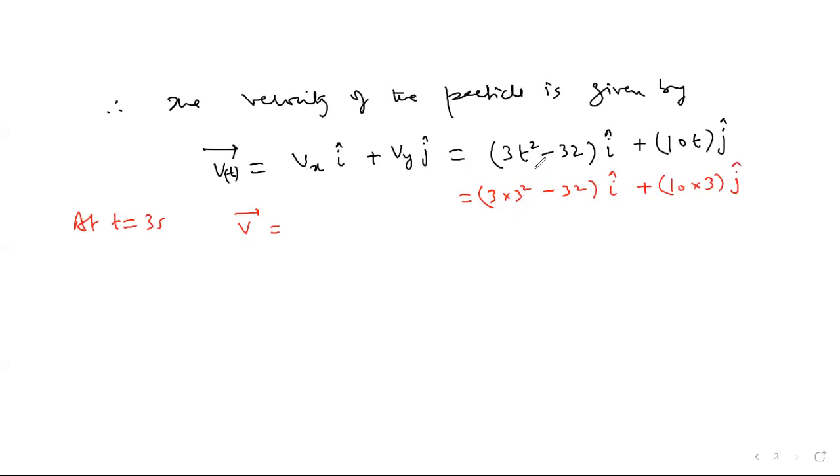You have to substitute for t equal 3 seconds. It is 3 times 3 square minus 32 i cap plus 10 times 3. So when you do the calculation, the velocity vector turns out to be minus 5i plus 30j.